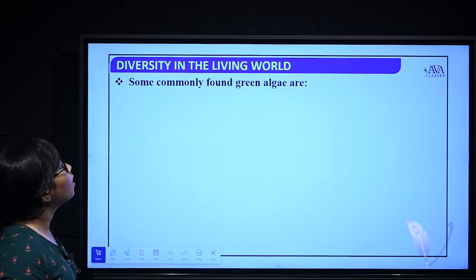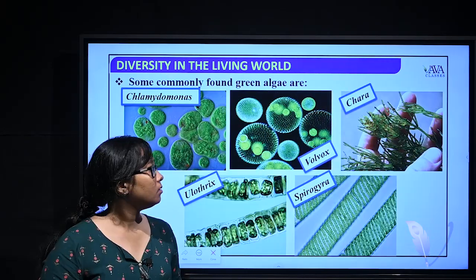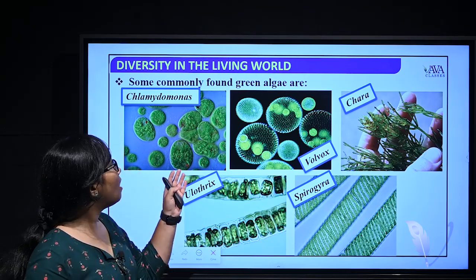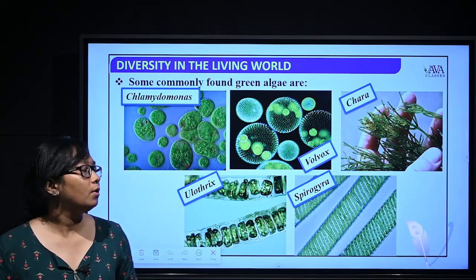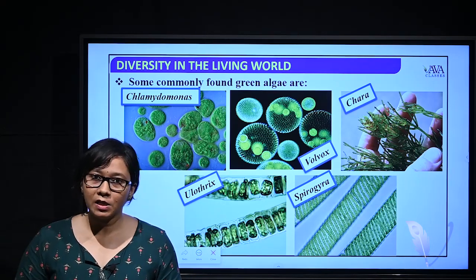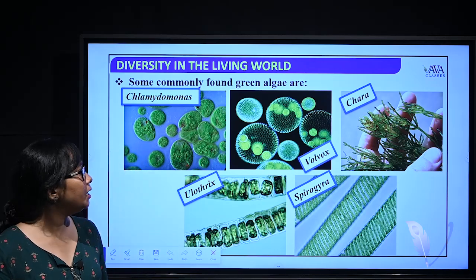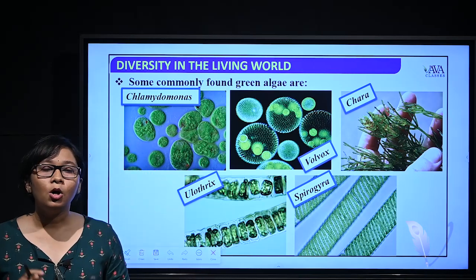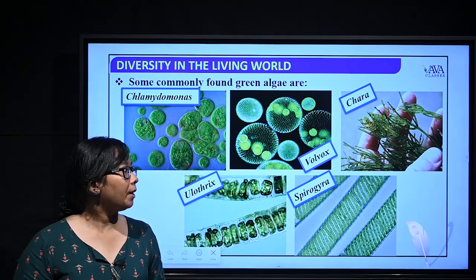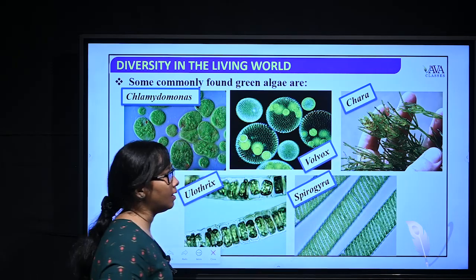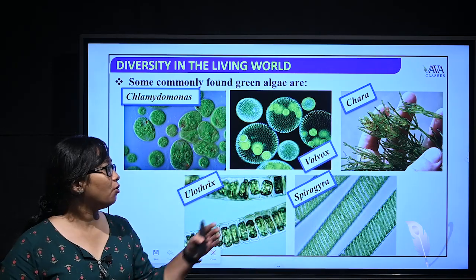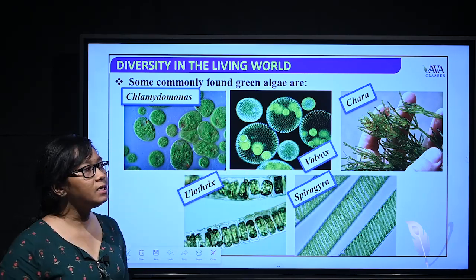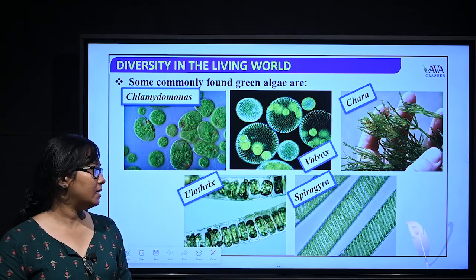Clear? Some examples of green algae are Chlamydomonas. Chlamydomonas is one type of unicellular freshwater algae. It is motile, it means they have flagella. Volvox is one type of colonial form of algae. Chara, Ulothrix, Spirogyra, all these are your green algae, which means they come under the class Chlorophyceae.